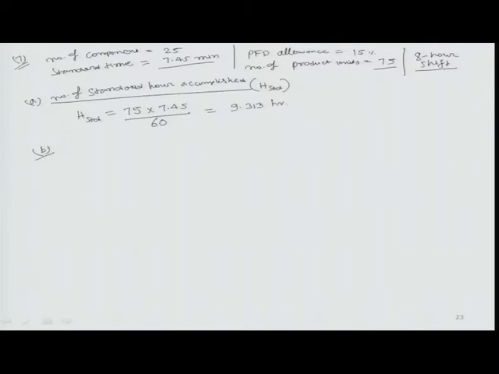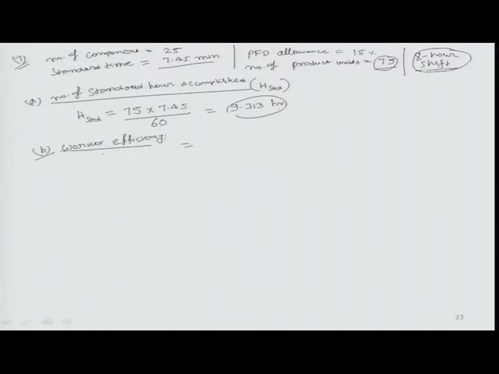Now part B is saying determine worker efficiency. So to produce 75 parts, for the given standard time of 7.45 minutes and a standard shift of 8 hours, the number of standard hours accomplished is 9.313 hours. It has exceeded the 8-hour shift.